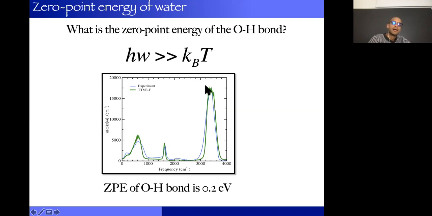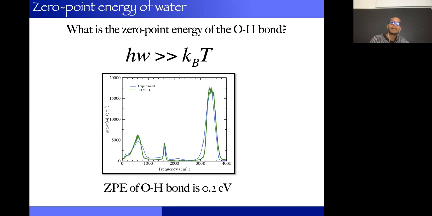And the highest frequency vibrational mode is on the order of 3,500 wave numbers, or equivalently, that translates into an energy of about 0.2 eV. Okay, that's a huge amount of energy.